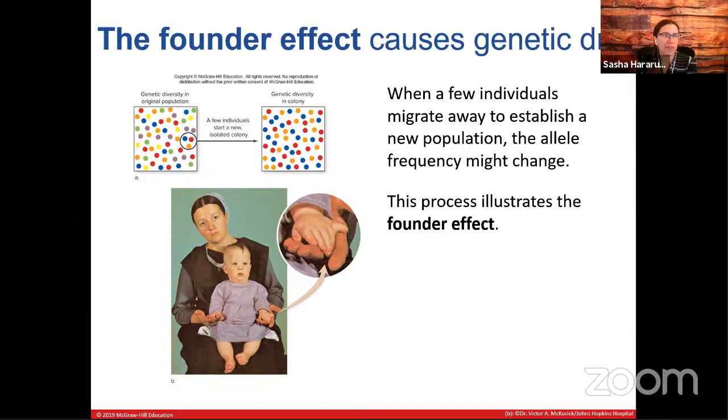shows, basically illustrates, the Ellis-van Creveld syndrome, which is very rare. Ellis-van Creveld syndrome was originally described in Swiss populations, in the Swiss Alps, I think. And it appeared in the United States after 200 followers of Amish denominations immigrated into the States.